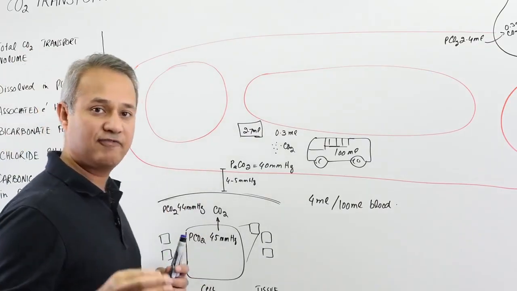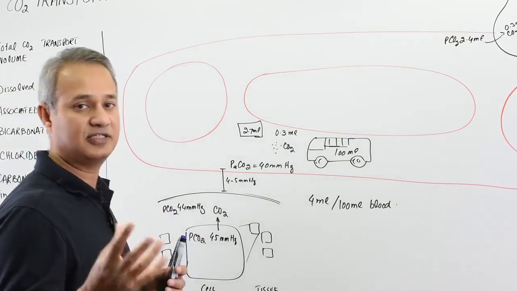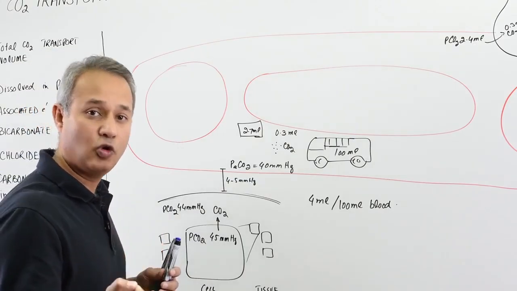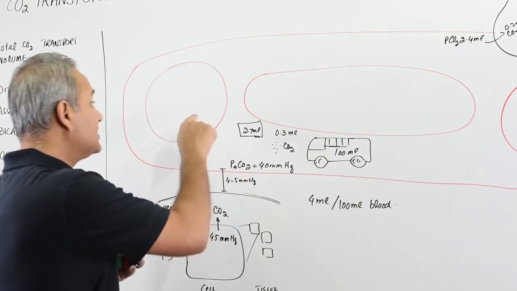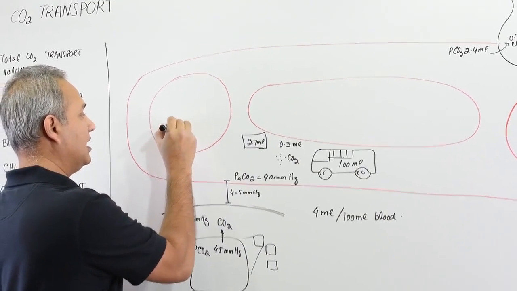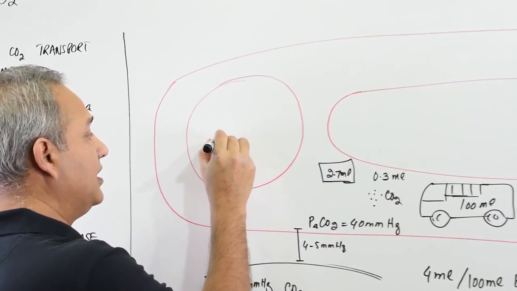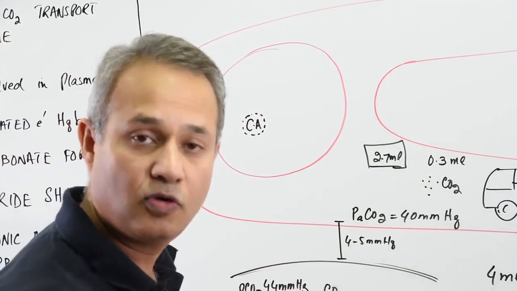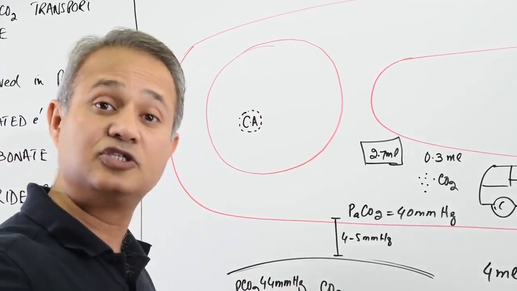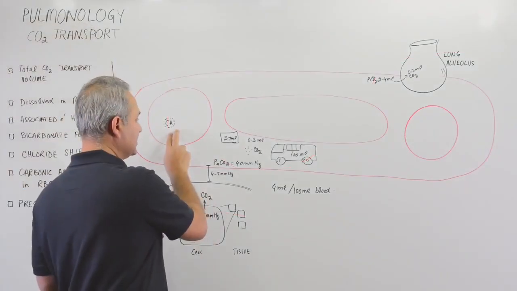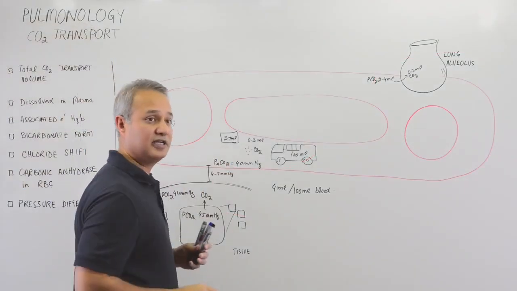Plasma does not have carbonic anhydrase enzyme, or the amount of enzyme is very, very low. Inside the RBC, carbonic anhydrase enzyme is present and it causes the reaction to be 5,000 times more. So it is present inside the cell, but it is not present here in the plasma.